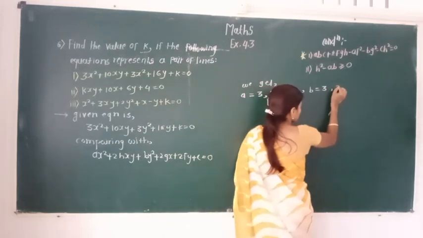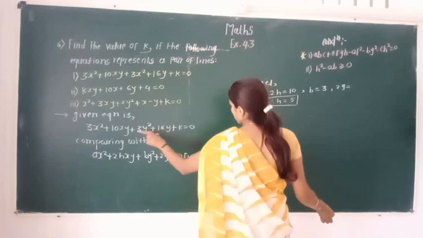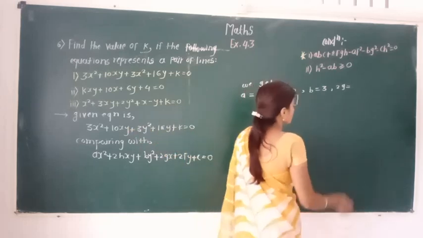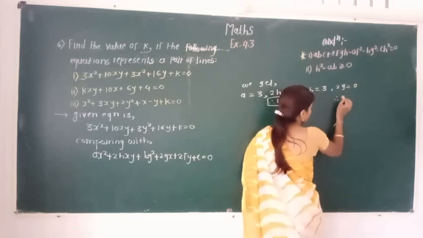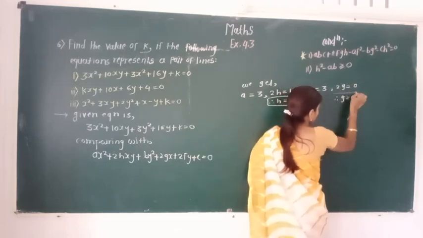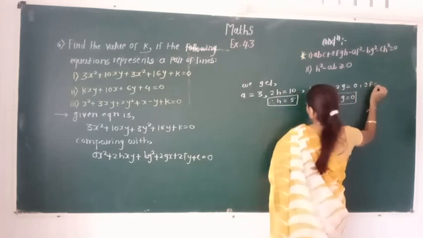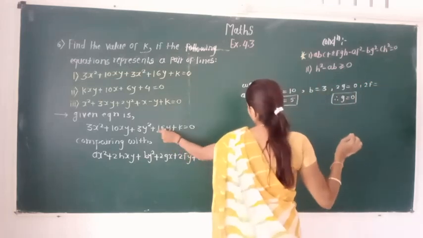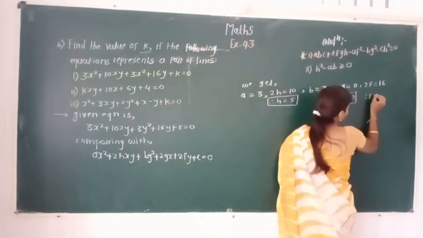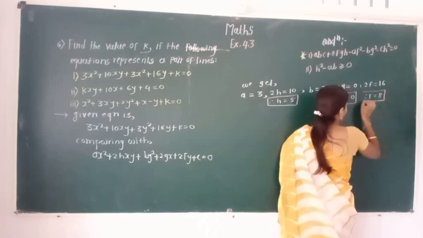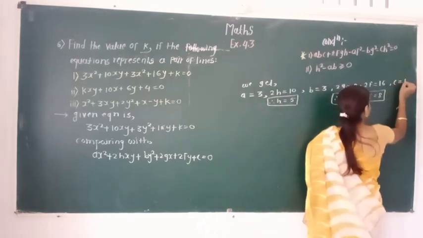Then, the coefficient of x is absent in this equation. So, the coefficient of x is here 0. Therefore, the value of g is also 0. Now, the coefficient of y is 2f and value of 2f is here 16. So, the value of f gets 8 and value of c is here k.